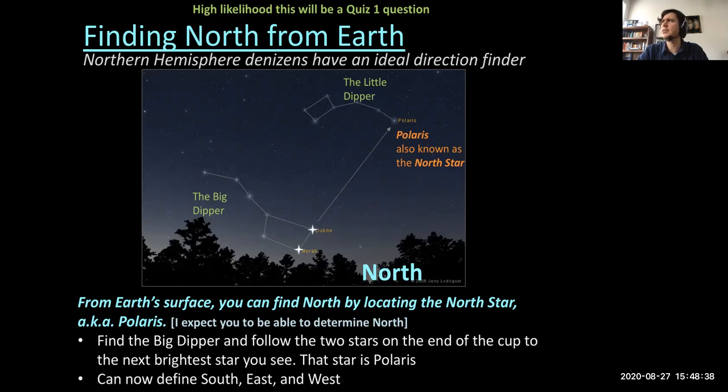Polaris is somewhere, I think, between the 30th and 40th brightest star in the sky. So it's not a super bright star, but it is going to be the first star that you can easily see going from the edge of the cup of the Big Dipper. So looking out towards our horizon, which is really, really far away, we just go directly below it and we've identified north.